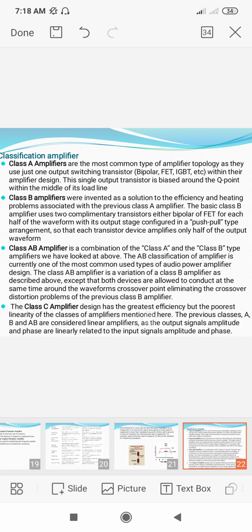Classifications of amplifiers. There are many types of amplifiers. First is class A amplifier, then class B amplifier, class AB, and class C amplifiers.